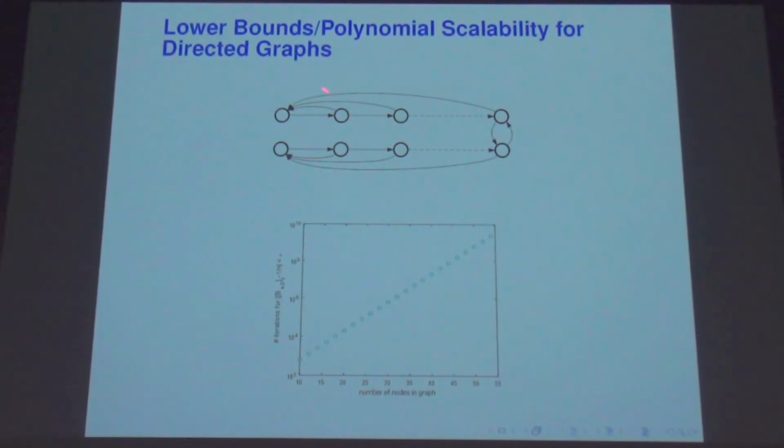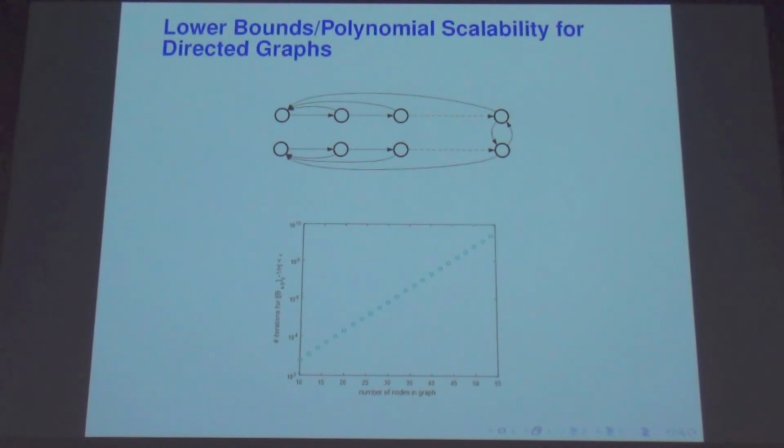So imagine this graph here, which looks not too bad. You have a line of nodes, directed in only one direction, but then each of the nodes in the graph communicates back to the first one. Now, let's say we want to compute the average, like a consensus algorithm, on this graph.